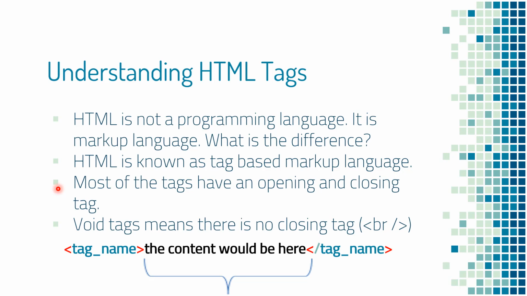So for example, if you wanted to build a web page which has about 10 lines of the same text, in a normal programming language you would do just a for loop and one print statement. When you run this code, it's going to generate all the 10 lines you wanted to print out.